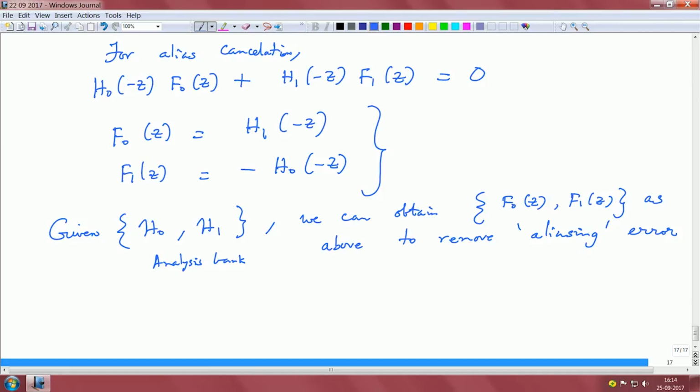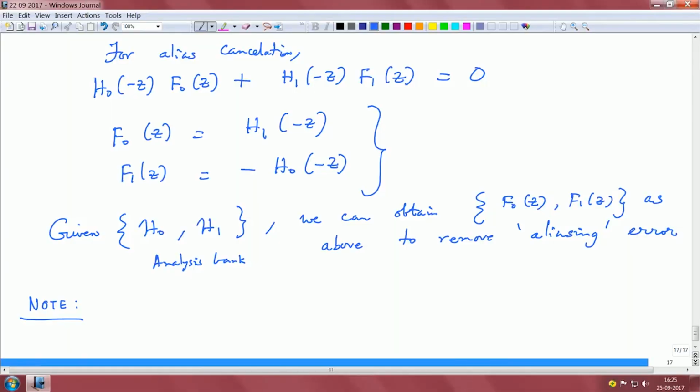If you want, you can design analysis filters h naught and h1 separately. A good low pass filter is h naught, a good high pass filter is h1, or else you can use quadrature mirror filter property and you can design h1 from h naught. That means it is enough if you can build one mother filter which is your low pass filter from which you can derive all the rest of the filters, okay, for aliasing cancellation.